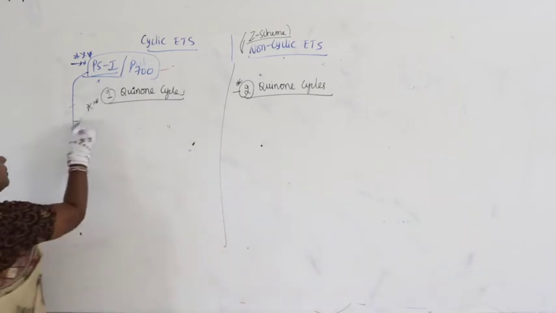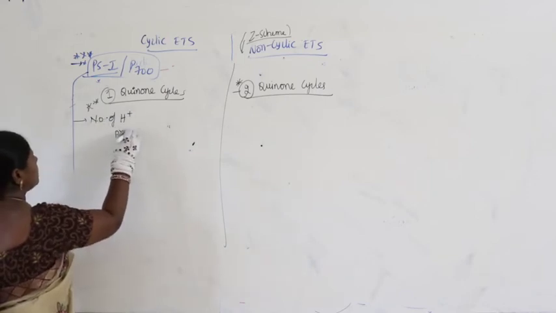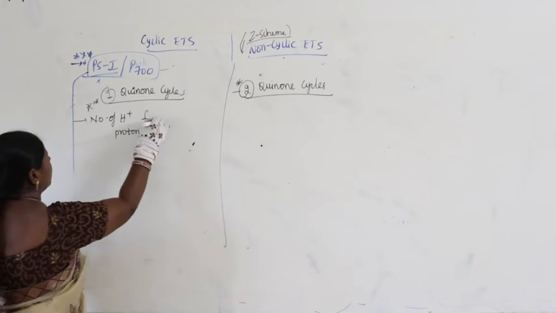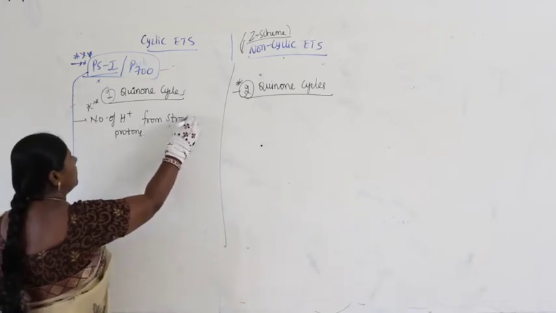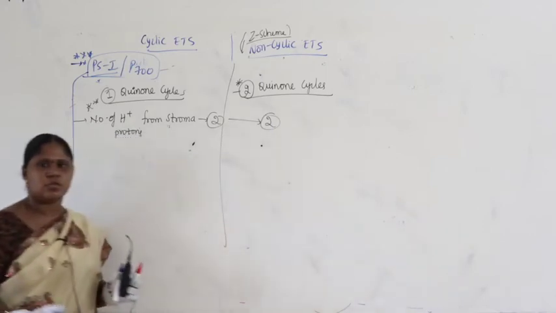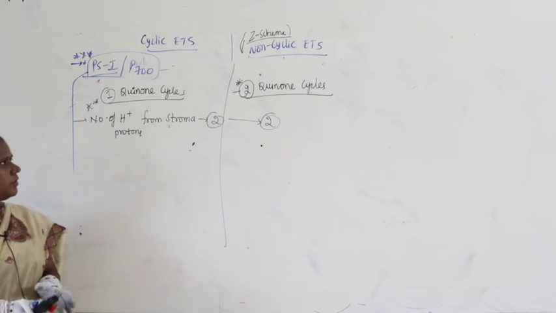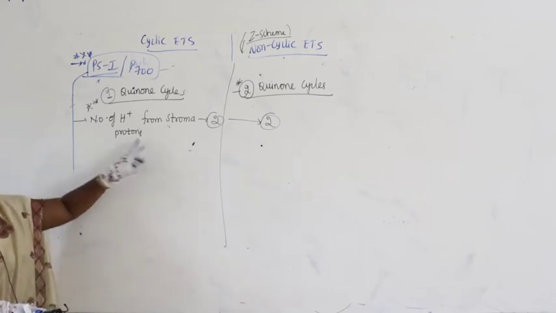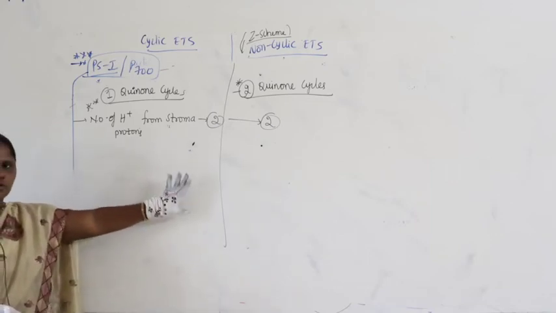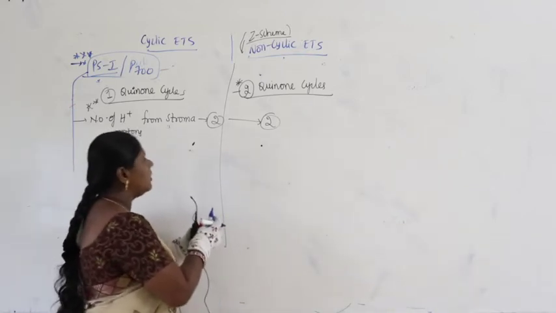Okay, number of protons from stroma. Here also 2. For the non-cyclic electron transport system also 2. Right? Number of protons from stroma. When you take here, here also 2, and definitely there also 2 from stroma. Altogether, this is 4.